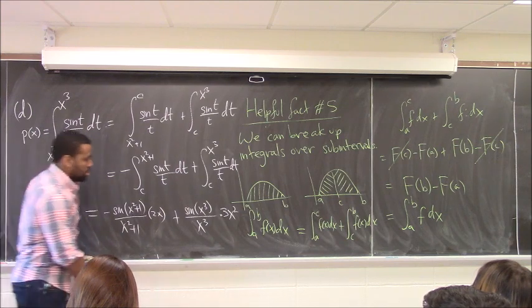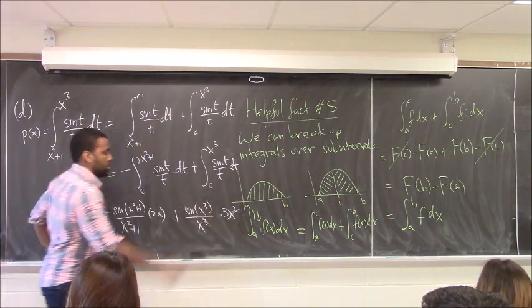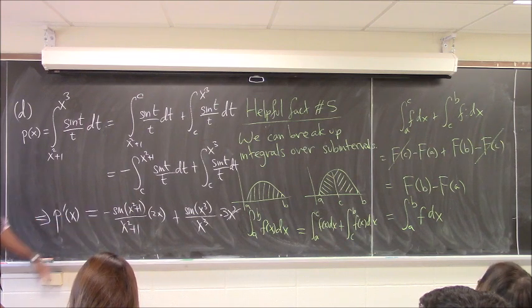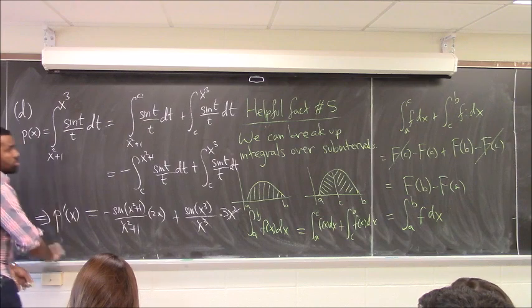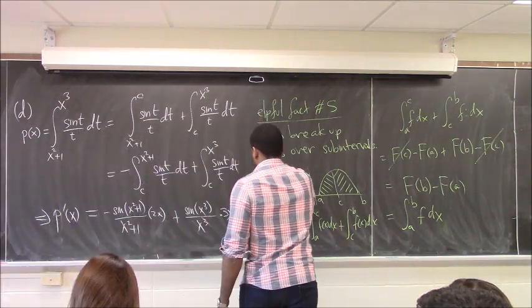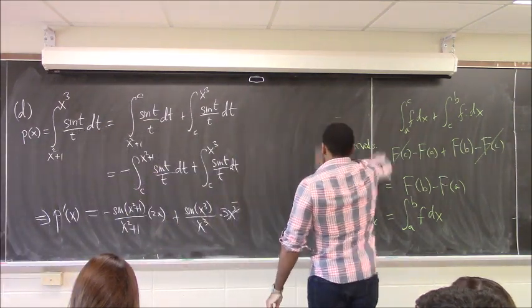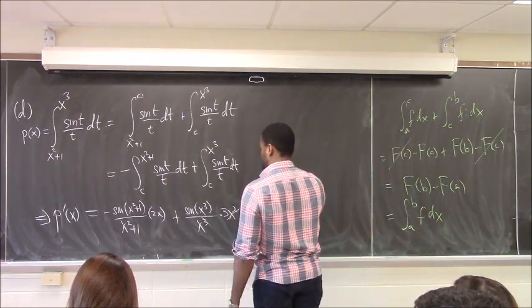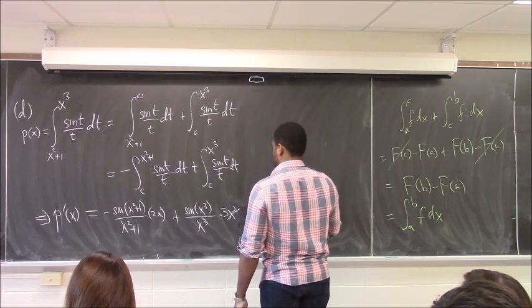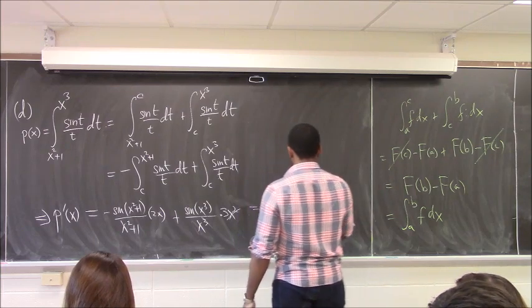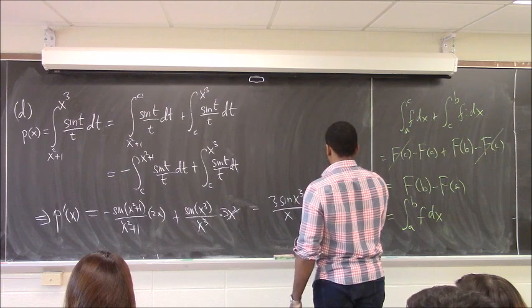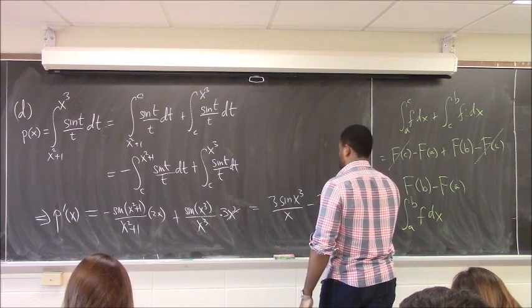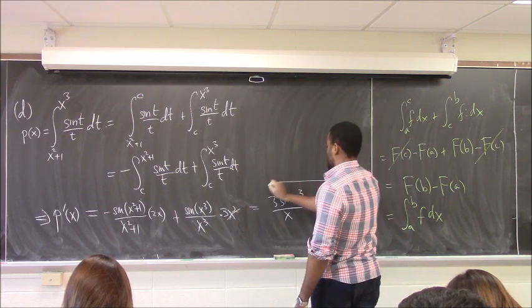You can simplify this a little bit. Cancel that into that, and whatever. It's 3x cubed over x minus this thing. That will be your derivative.